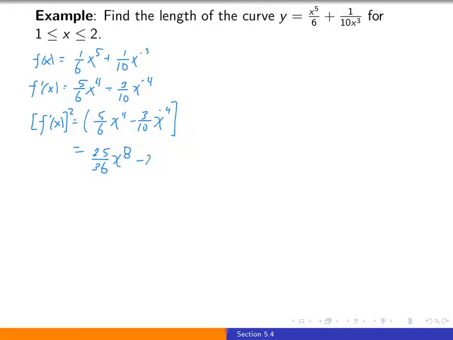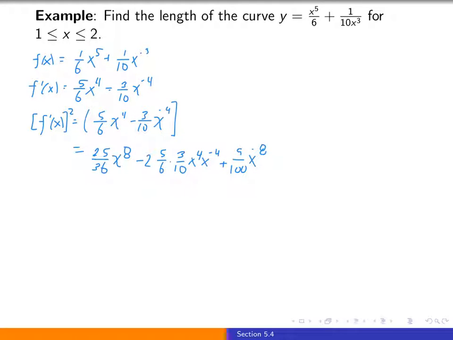So when we multiply these terms together, we're going to have the minus 2 times 5/6 times 3/10 x to the fourth, x to the minus 4th. Then our last term is going to be the final term squared, so 9 over 100 x to the minus 8.